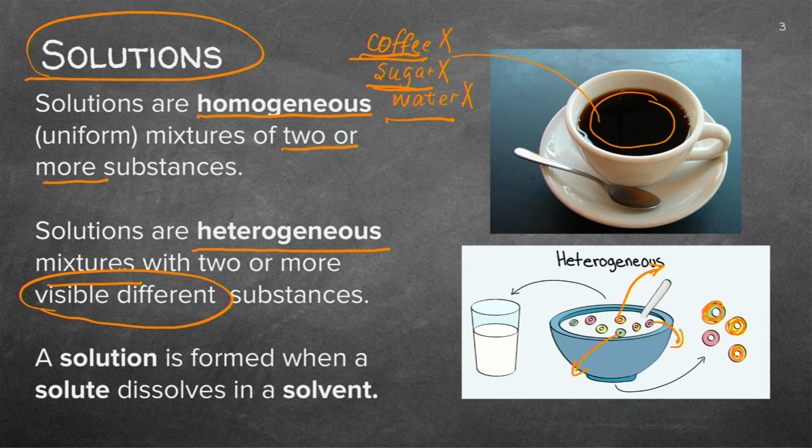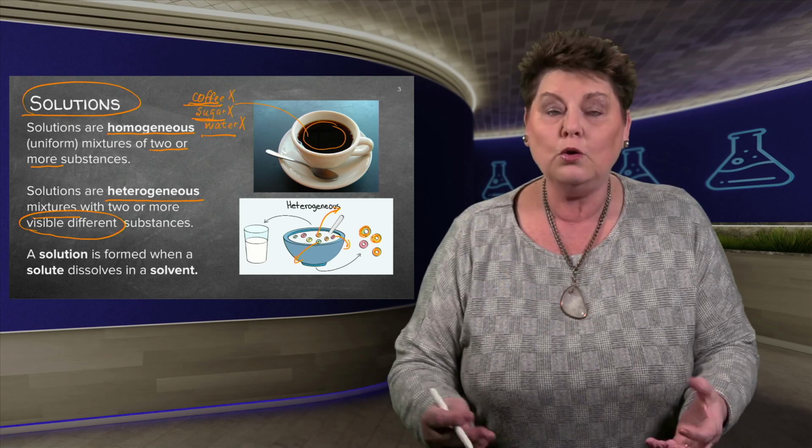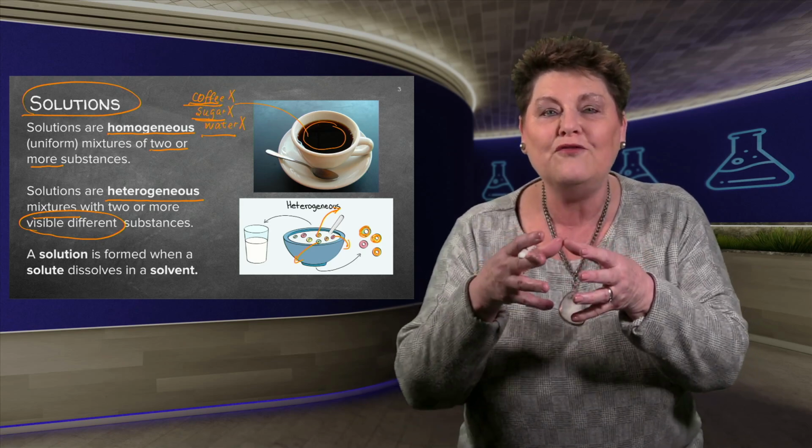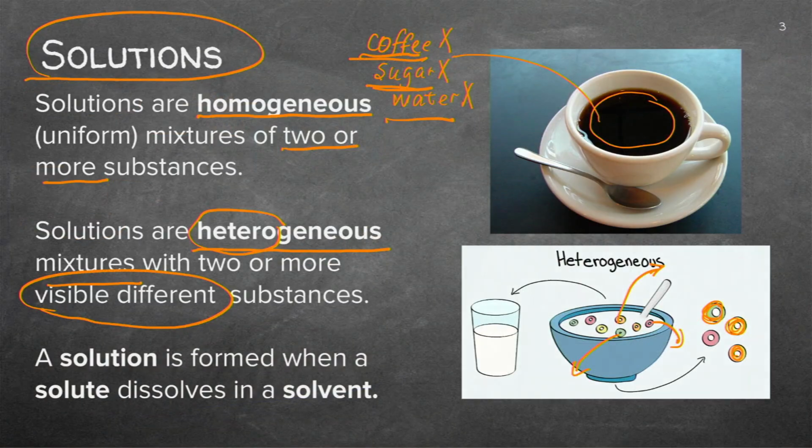Let's say you take jelly tots or Smarties and you put them into water. You'll be able to visibly see them. Hetero meaning different, and homo meaning the same. So those are the Greek words and the Latin where we get these terms from. So this is the same phase, and here I've got different phases.